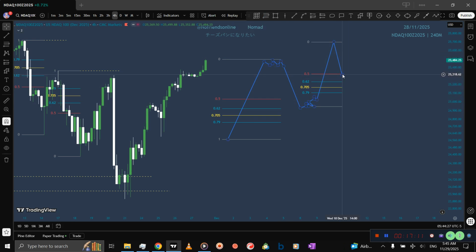So basically price goes here, but if the algorithm is in a hurry to go higher, price won't stay here so long or go so deep. It is just here and just goes up so fast.